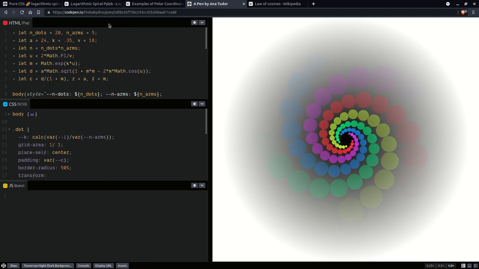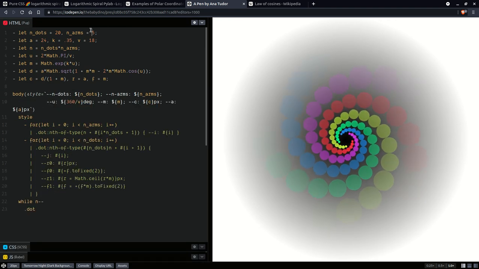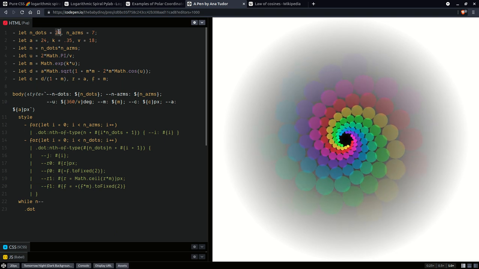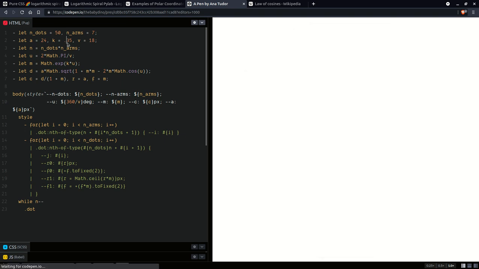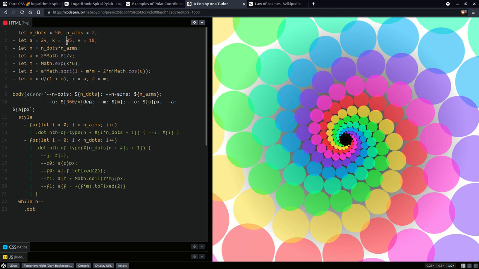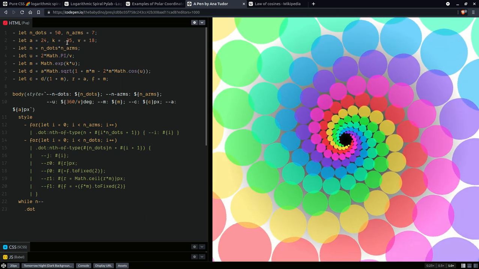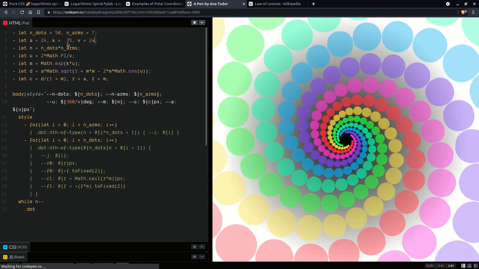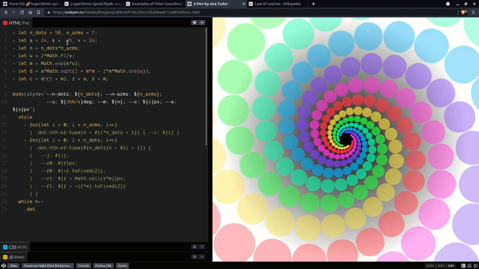And let's play with those parameters to get something slightly different. Let's say that we're going to have more dots per arm, I don't know, 50. Let's say that we are going to also increase this, so we have more dots like that.